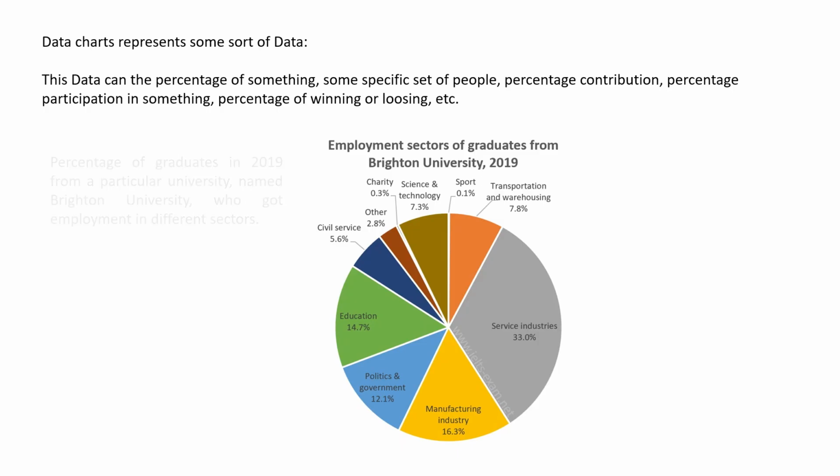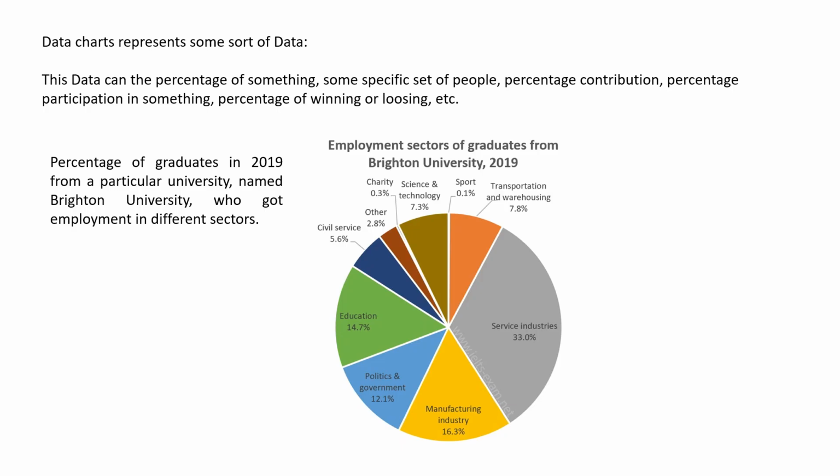So percentage of who? You can see that it's the percentage of graduates in 2019 from a particular university named Brighton University who got employment in different sectors. You can see those sectors, like 33% of those graduates started working in service industries, 16.3 started working in manufacturing industry. So basically, this represents the data in percentage.